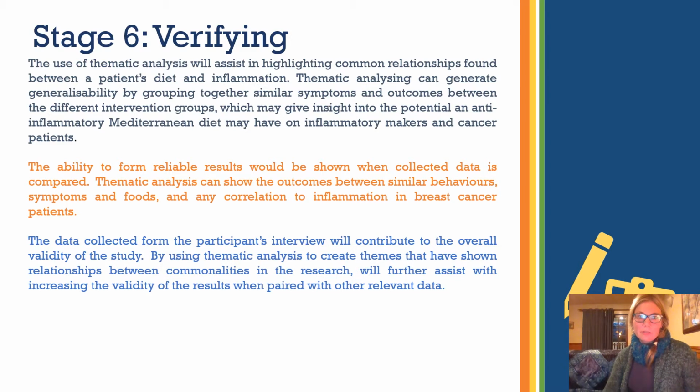The ability to form reliable results will be shown when collected data is compared, including outcomes between similar behaviours, symptoms and foods, and any correlation to the inflammation and the breast cancer patients.